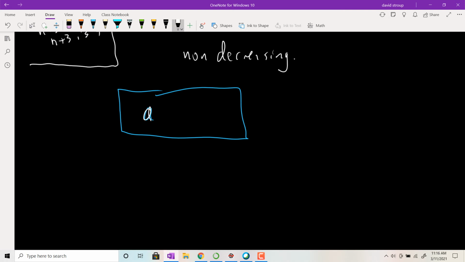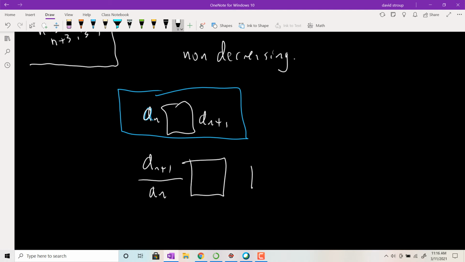A sub n plus 1, and we're comparing it to, well, it was going in the other direction, right? So a sub n compared to a sub n plus 1. This time, instead of subtracting a sub n, we're going to divide both sides by a sub n. So the resulting inequality that we're going to be looking at will be a sub n plus 1 divided by a sub n, and we're comparing that to 1.